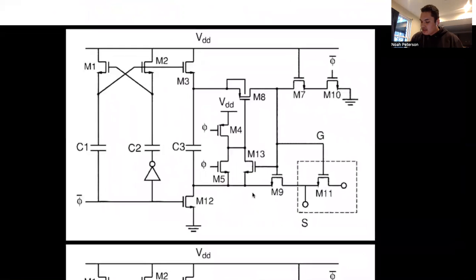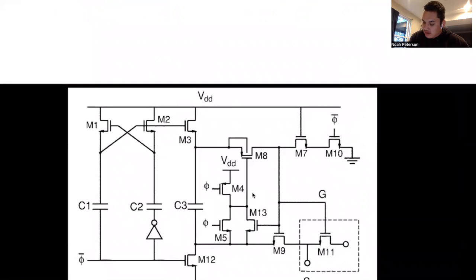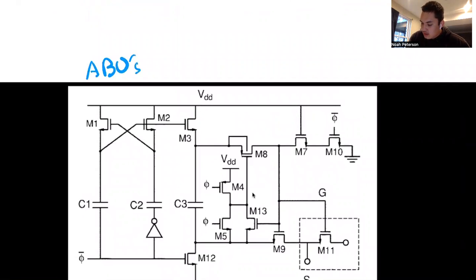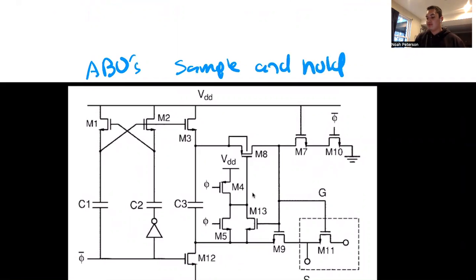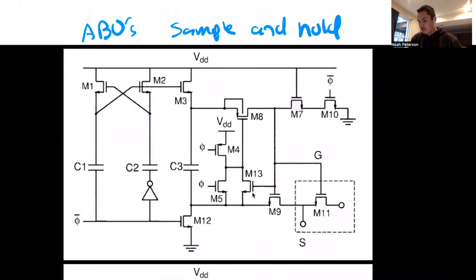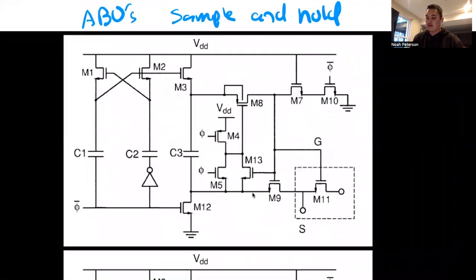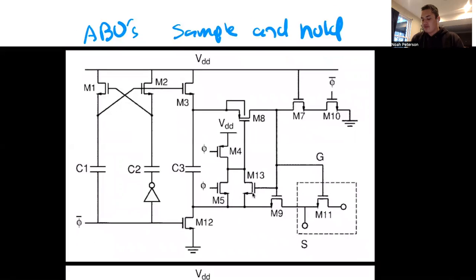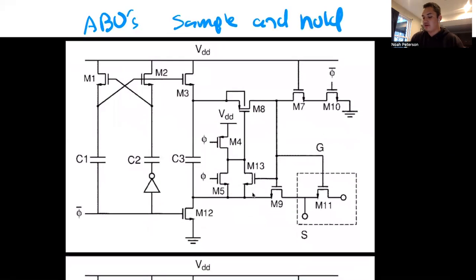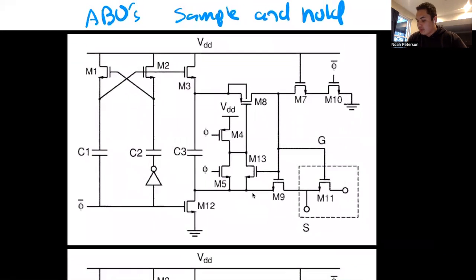This is what they call a sample and hold. And this is a component in a larger device. A lot of times they can be found in different devices, but in general, they're found in SAR ADCs, or analog to digital converters. All the sample and hold does is sample an incoming voltage and hold that voltage constant.